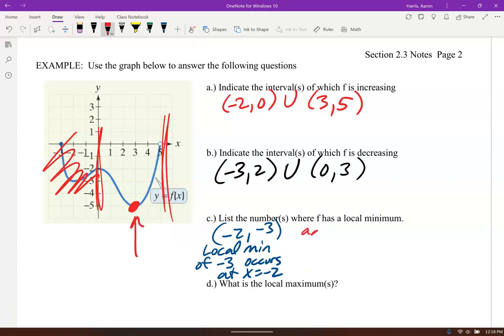So the point (3, -5) is also a local or relative minimum. The local min is -5, the functional value. It occurs when x is 3.